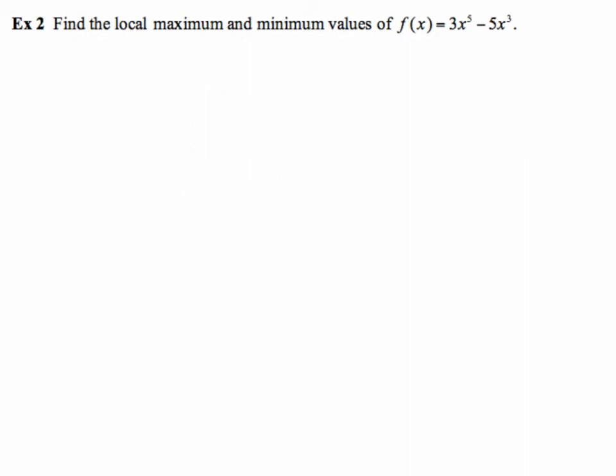Here's our next example. So our next example is f of x equals 3x to the 5th minus 5x cubed. So the first thing we'll do again is find the first derivative, because the first derivative is the slope of the line, and then I will factor the derivative to find the critical numbers.